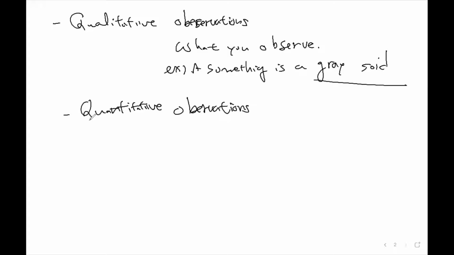And then what is quantitative observations? Quantitative observations are measurements that include both number and unit. So both are important. But qualitative and quantitative is different.